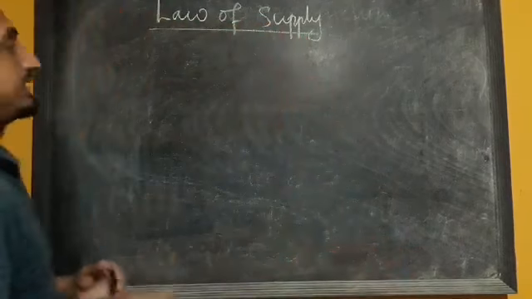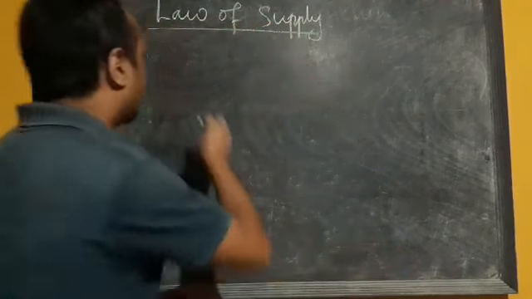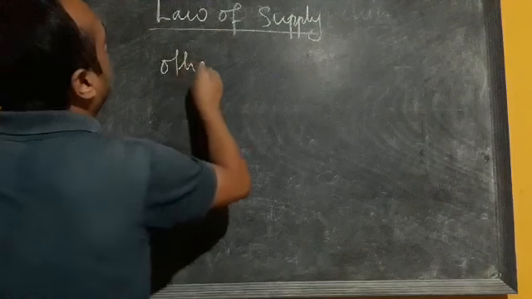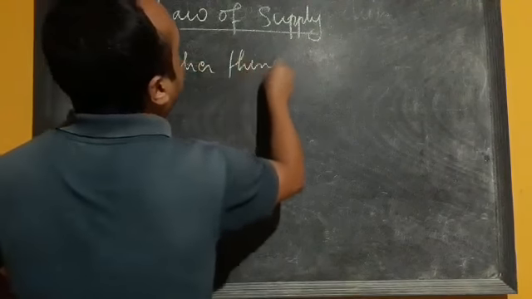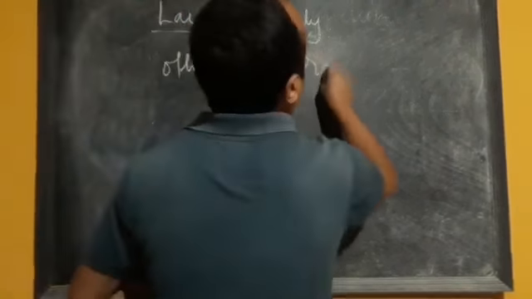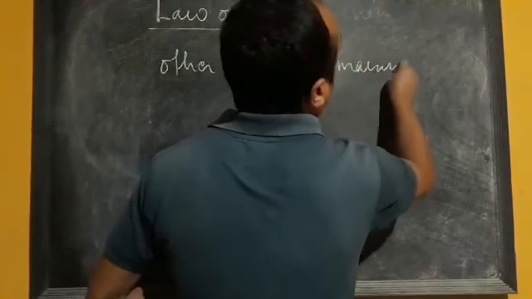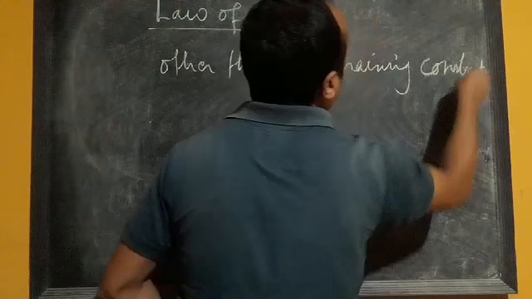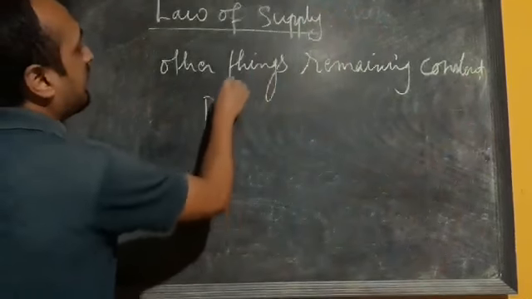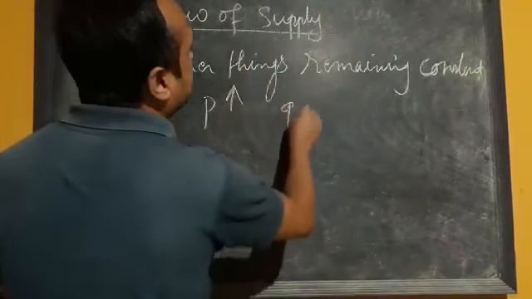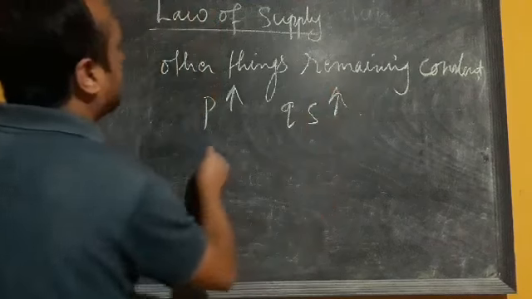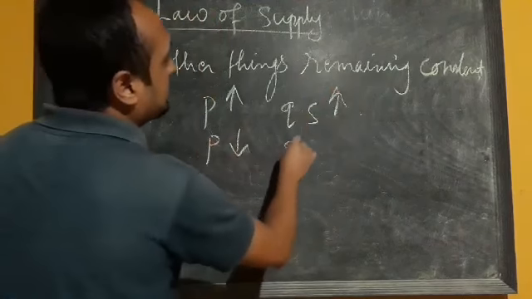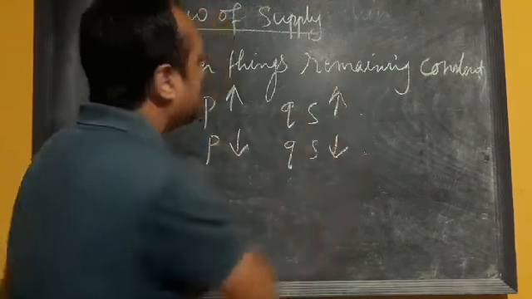So the statement goes like this: other things remaining constant, when price of a commodity increases, quantity supply will increase, and when price of a commodity decreases, quantity supply will decrease.